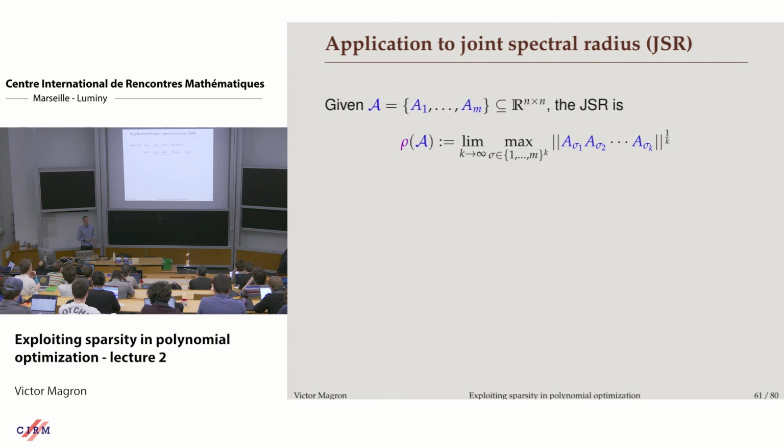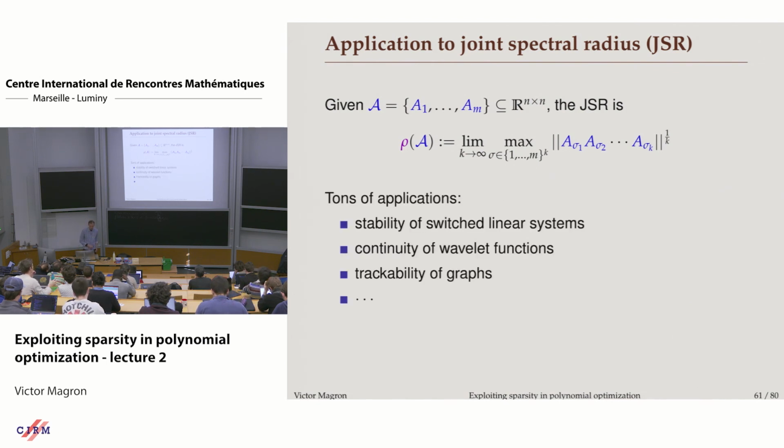It doesn't really matter which norm you take because it's finite dimensional. Then you compute some kind of geometric average, and you take the max over all permutations. And then you make the number of compositions grow to infinity. That's terrible, and that's terribly hard to compute.